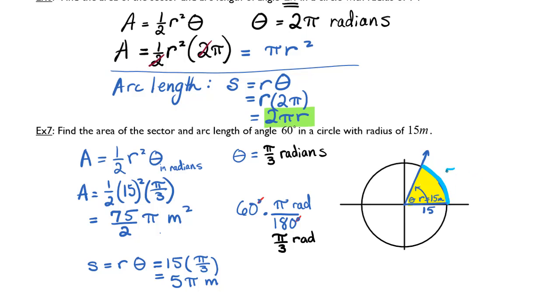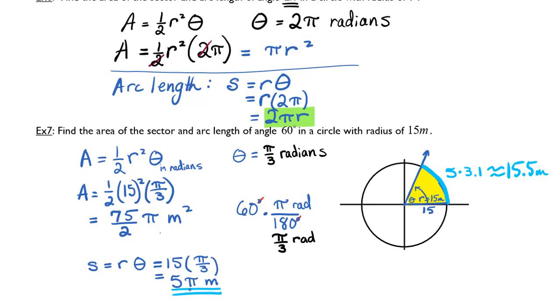So if I say 5 times approximately 3.1, that's going to be 15.5 meters. And that makes sense because if you look at the scale here, you would expect that the radius wrapping around here would be about 15. So that's good. We calculated a good number here.